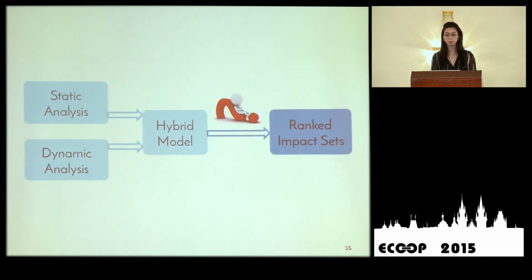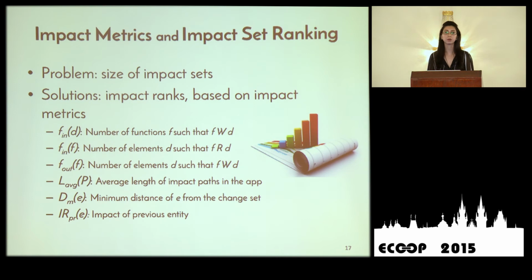So we had to come up with a way to show users what is more important in this impact set. We wanted to sort these impact sets. So we came up with our own set of impact metrics, as we call them. Most of these metrics came from our earlier study where we investigated the structure of the graphs, and the correlations of topological aspects of the graphs with the dynamism of the graph and how the impact would transfer.